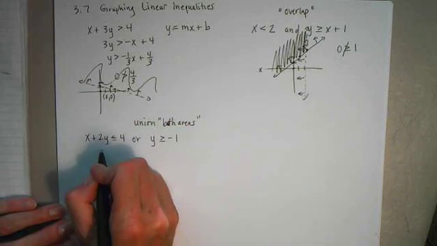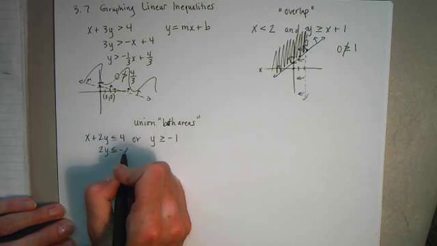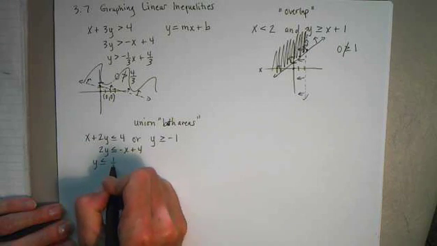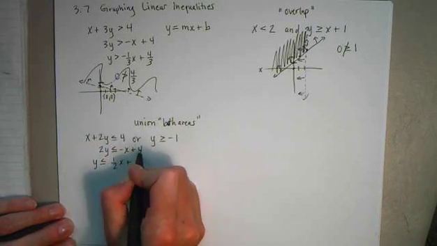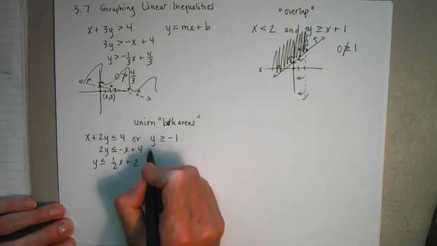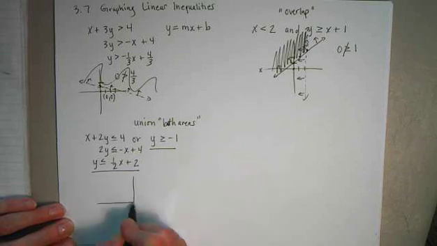So, before I try to graph this, let's go ahead and solve for y. So I'm going to subtract x, and then I'm going to divide by 2. So I have 1/2 x, and 4 divided by 2 is 2. So I have this line and this line to graph on the same xy axis, the same Cartesian plane.